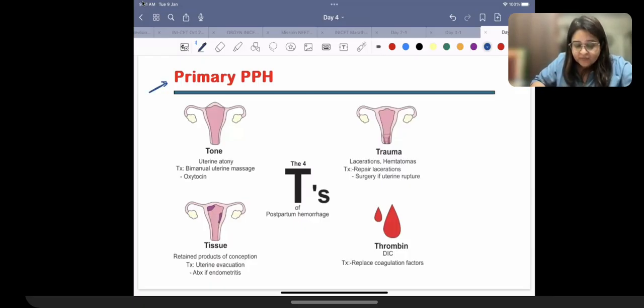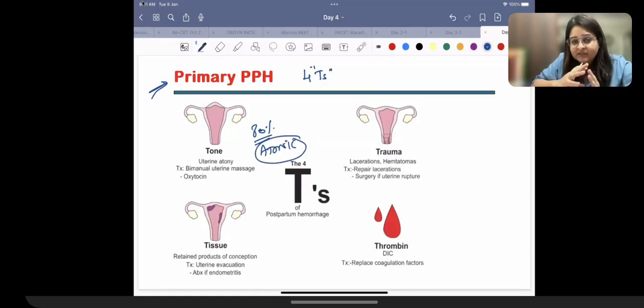Okay. So primary PPH is our main focus. And we all know the causes of primary PPH are the 4 T's. What are the 4 T's? 80% of primary PPH is because of an atonic uterus. What happens after delivery? The uterus contracts. When the uterus contracts, I think you all have heard of the living ligature.